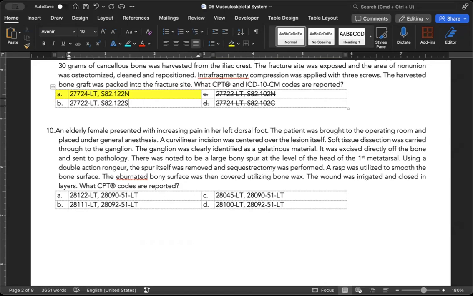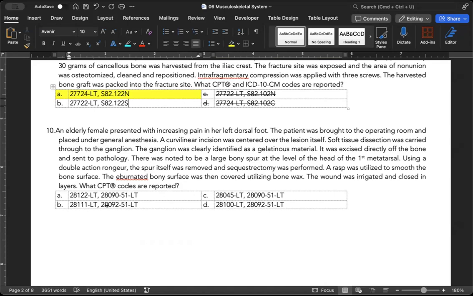So let's do two. We have two that have 28090 and two that have 28092. Let's go look at those and see which one we should use. 28090 is an excision of lesion, tendon sheath, or capsule, and that's in the foot. 92 is your toes.